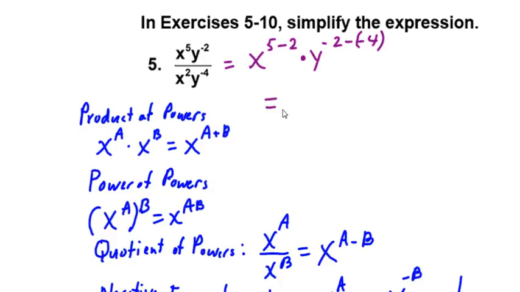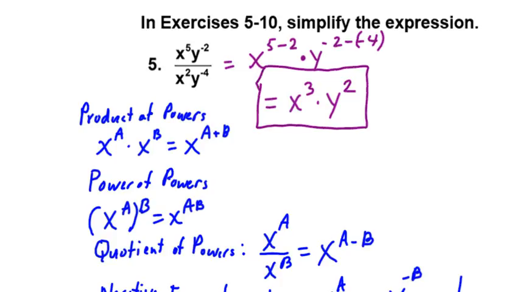So those would be x to the third power times y to the, well, we have negative 2 minus negative 4. Well, negative 2 minus negative 4 is 2. And so this would be our answer to problem number 5.